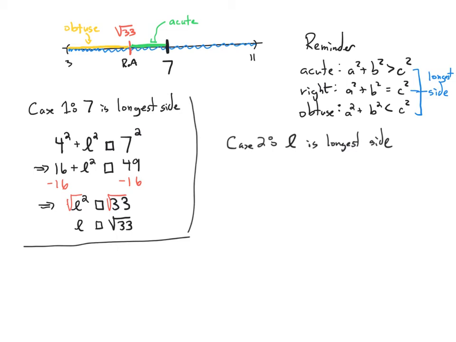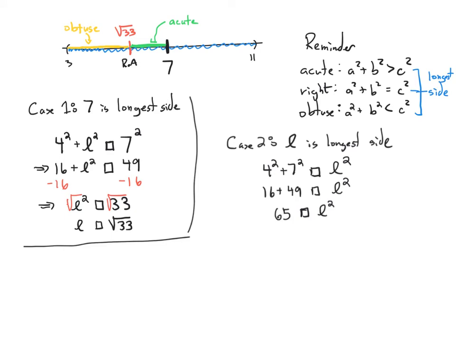Okay, again, let's do the Pythagorean inequalities. Now L is the longest side, so we have 4 squared plus 7 squared, and we're comparing this to L squared. Well, we can simplify this. This is 16 plus 49, which, you can check, is 65, which we're comparing to L squared.